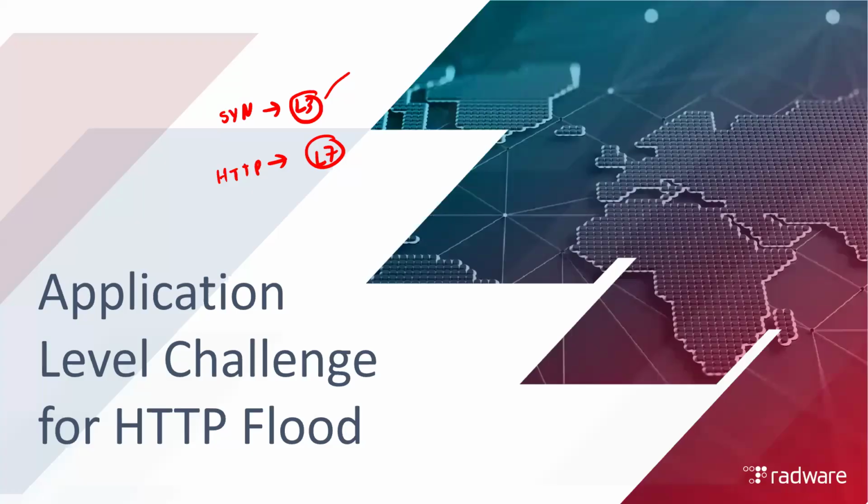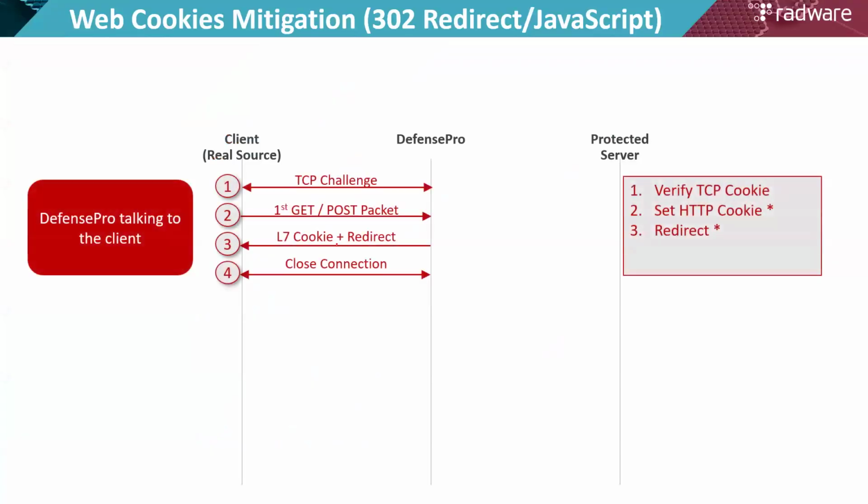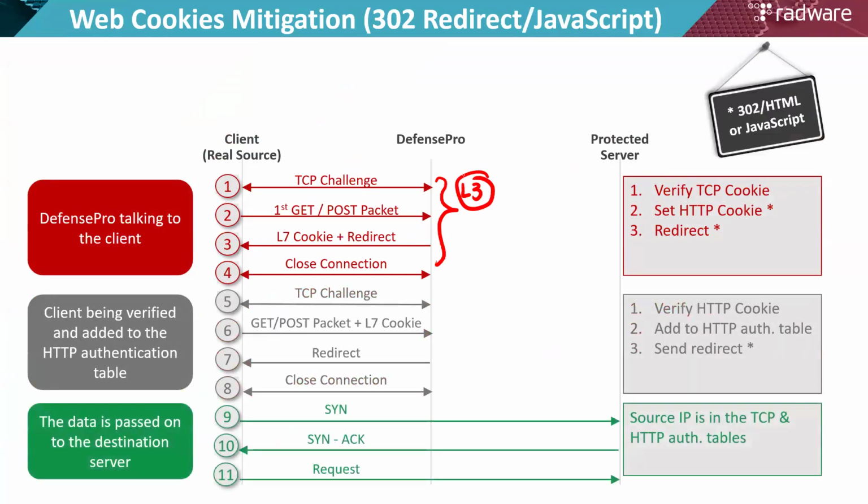Next, we have the application level challenge. I was talking about the SYN flood protection. It will basically authenticate on layer 3. You can also enable layer 7 authentication, which is related to HTTP. So it will help you mitigate layer 3 as well as layer 7 DDoS kind of attacks. So this is your initial layer 3 challenge, and this is your layer 7.